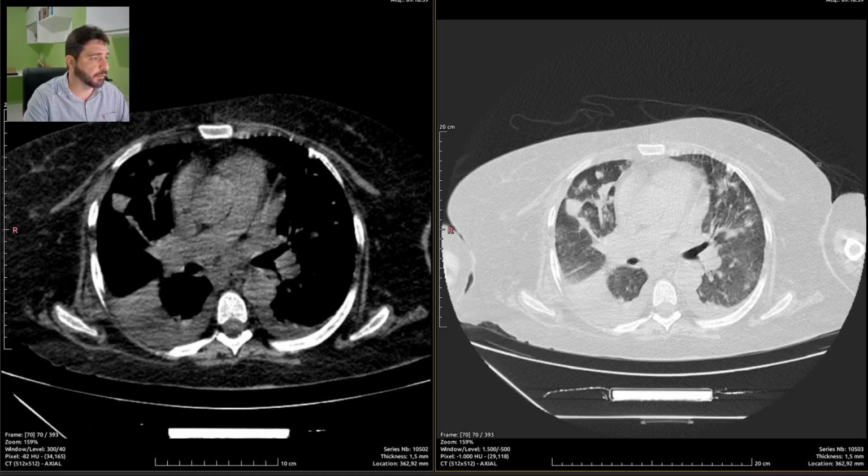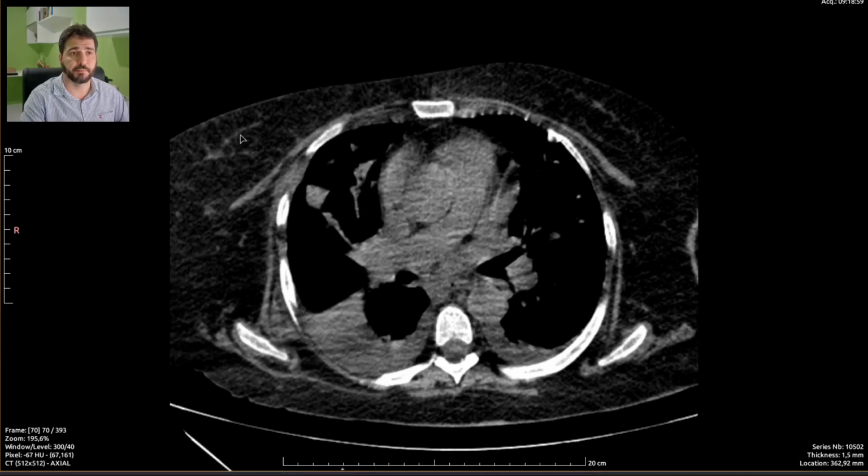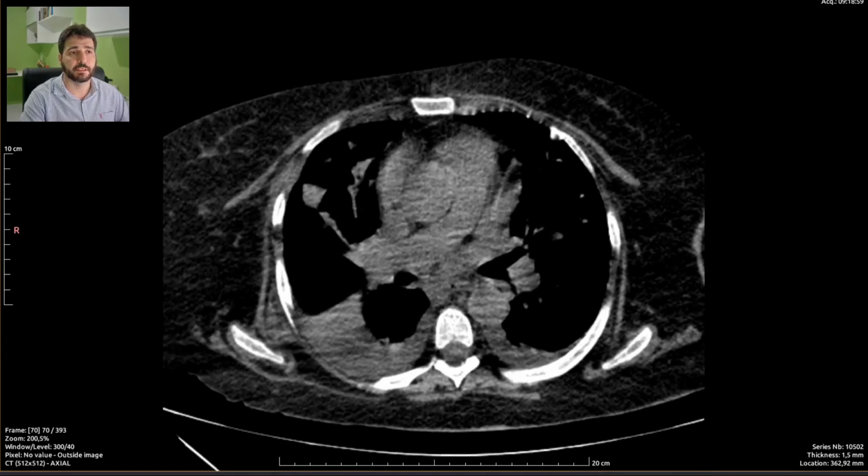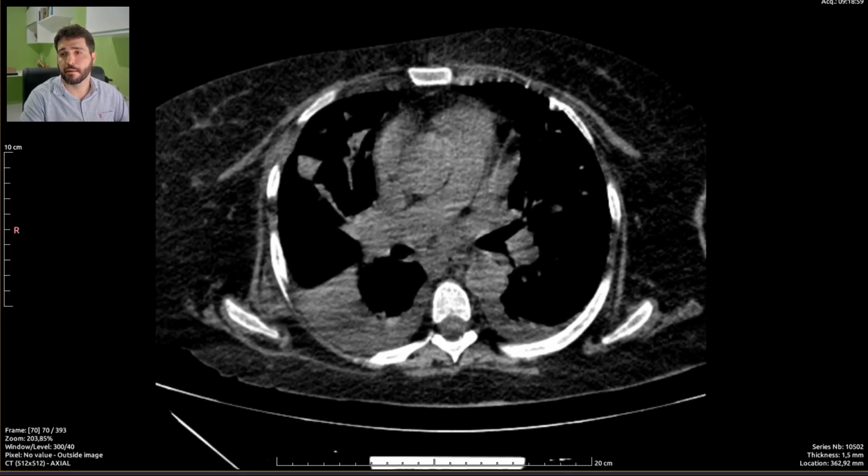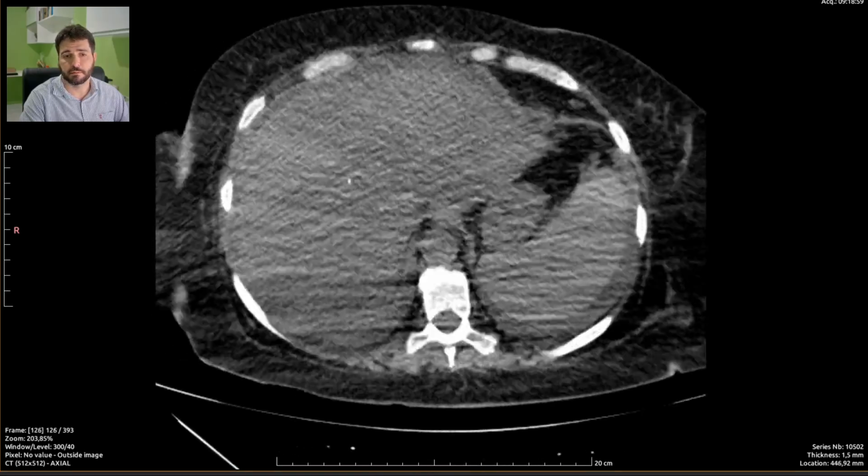So let's see what we can tell about the superior abdomen of this patient. I'm just going to make it bigger for you guys and for me. And let's go.